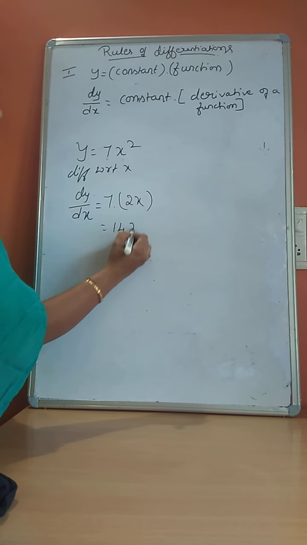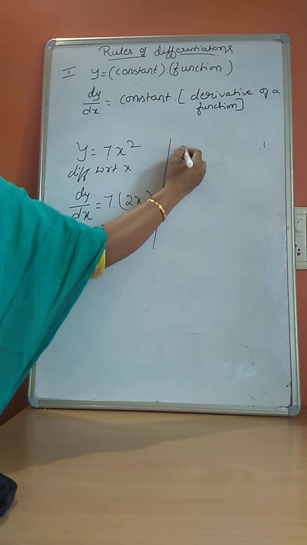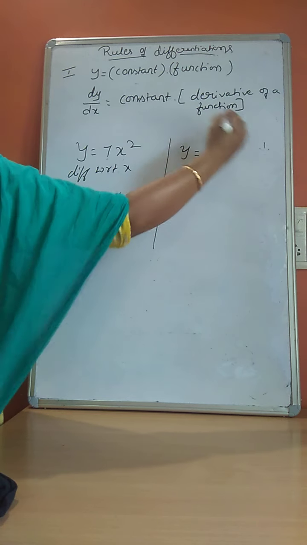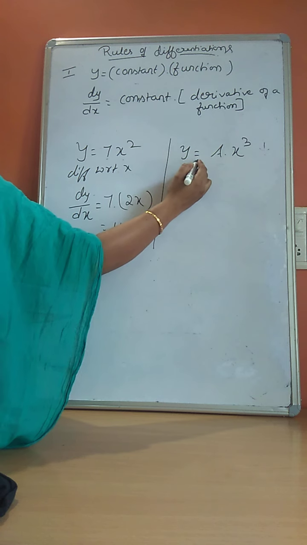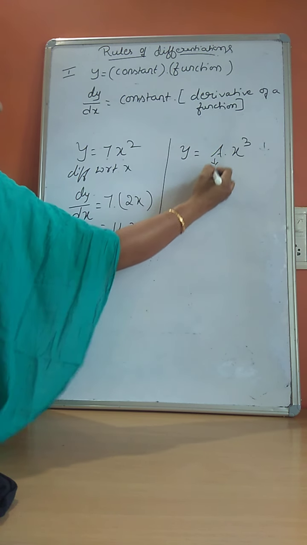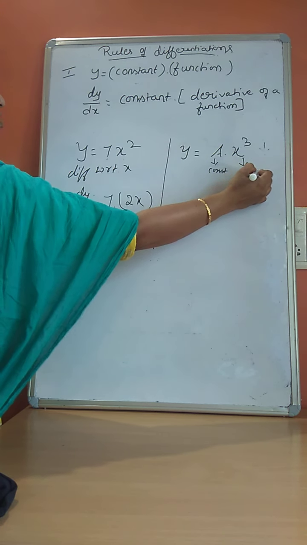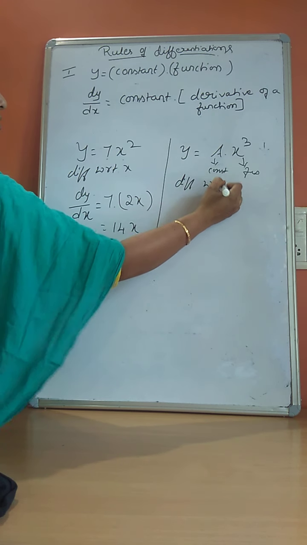This must be equal to 7 times 2x, that is 14x. Okay, suppose y is equal to a into x cube. Here which one is constant? a is constant, x cube is function. Differentiate with respect to x.